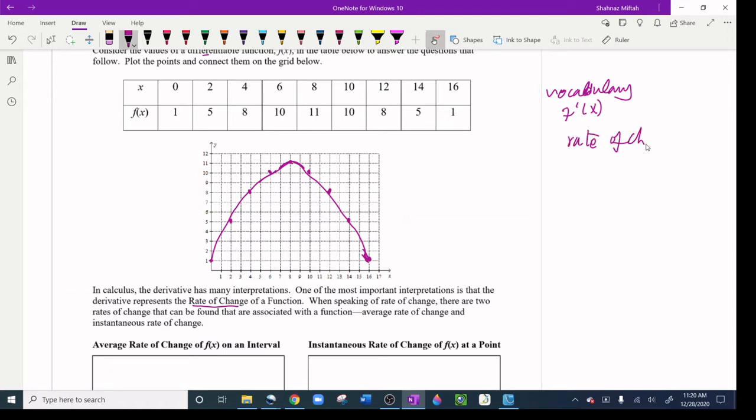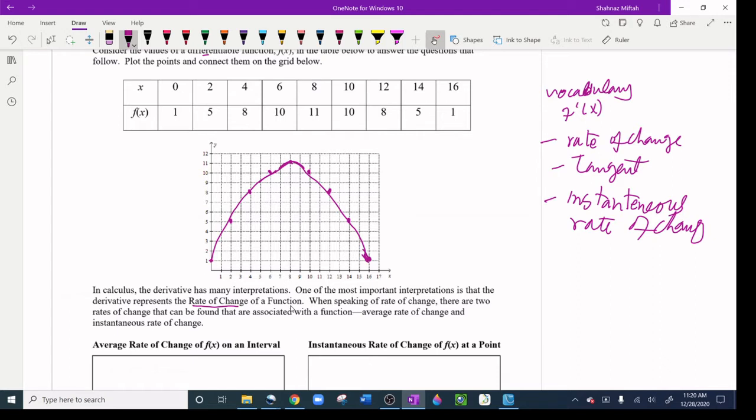Rate of change, tangent. I'm just reviewing this again. Rate of change, tangent, instantaneous rate of change. These are all the vocabulary words for derivative.